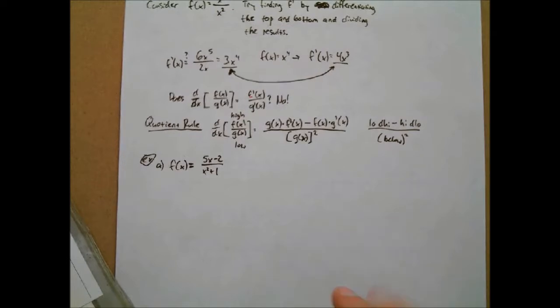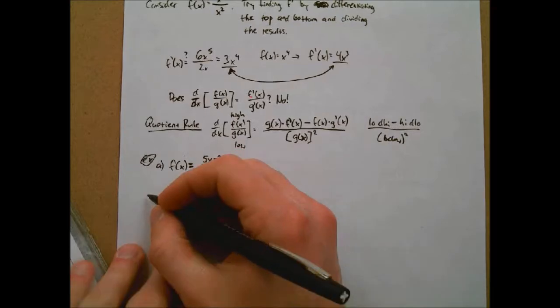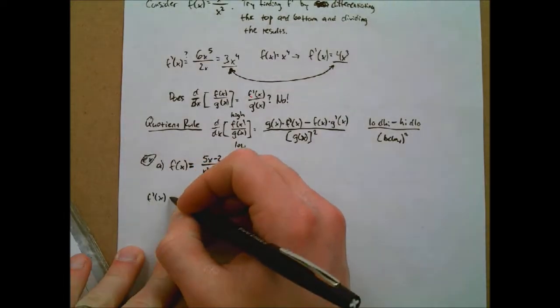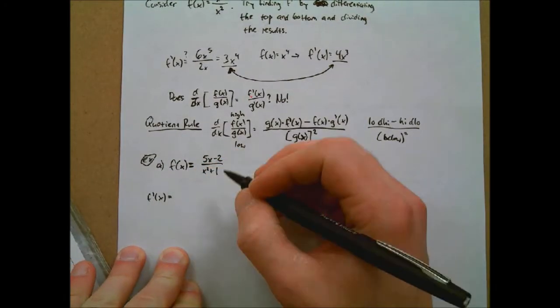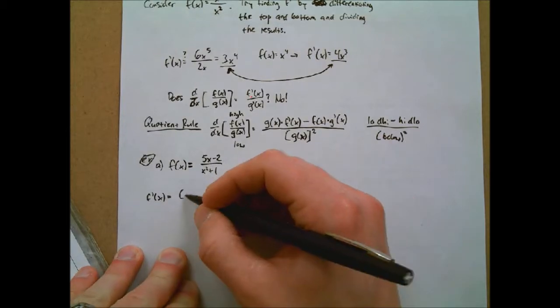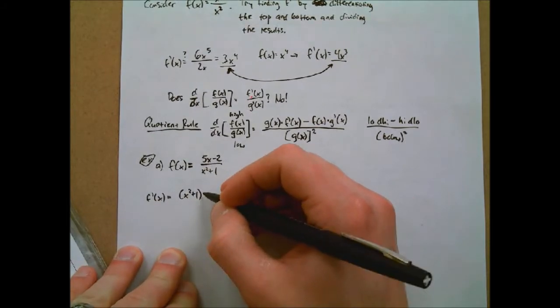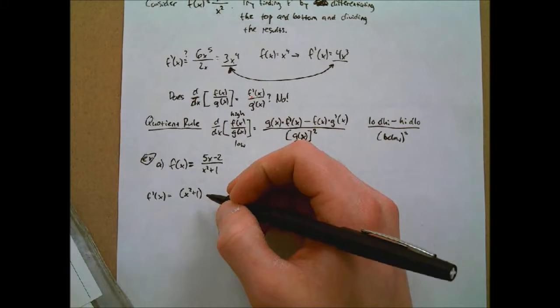Okay, so let's put it to the test. Let's try our function: f of x equals 5x minus 2 over x squared plus 1. The derivative of f will be low, so low is x squared plus 1, d high. D stands for derivative. What's the derivative of the numerator going to be?